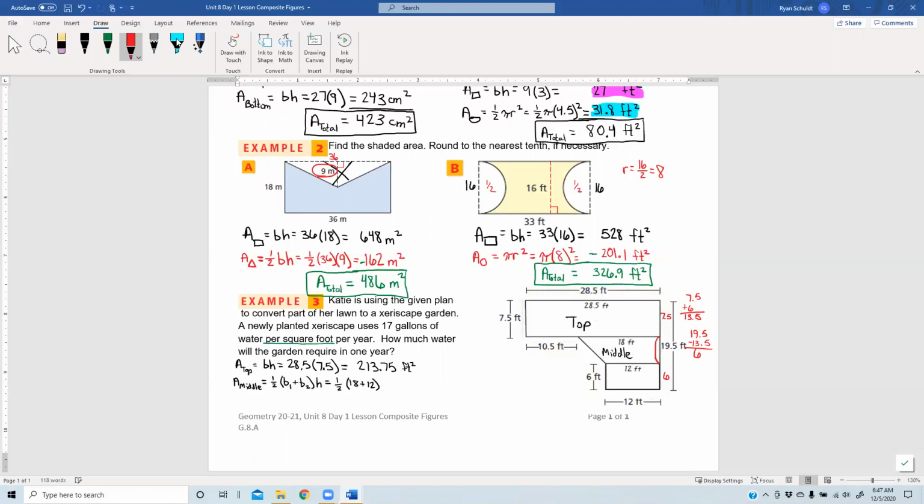It's going to get you 6. So this is 6 as well. Our height here is 6. Multiply all this together and you'll get 90 feet squared. I'm actually going to take this and write it further out.